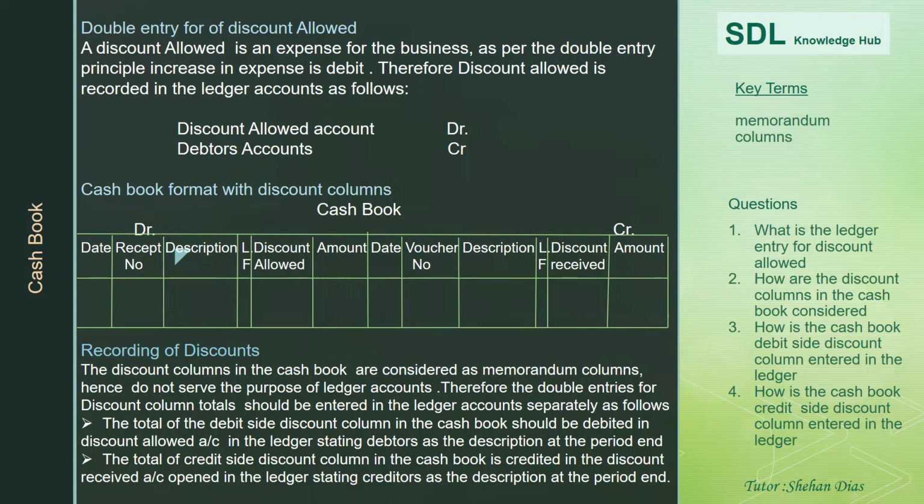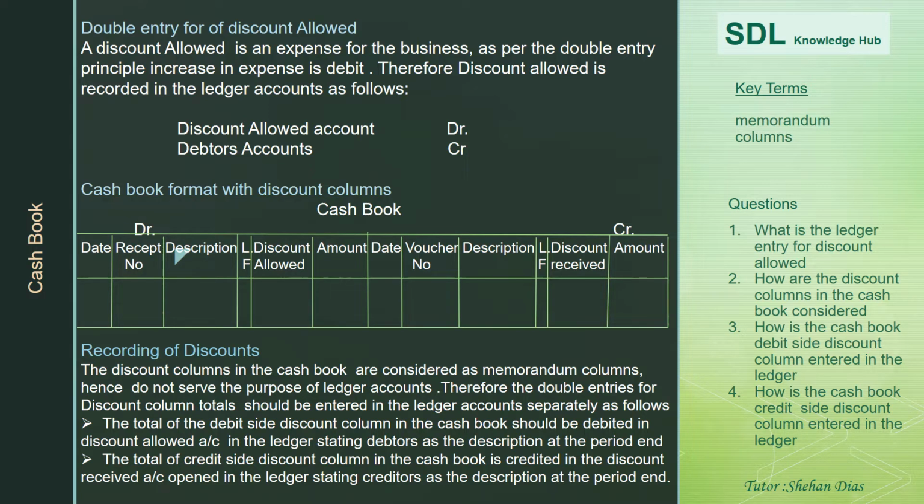You would see on the screen the format for the cash book with discounts. Discounts are considered as memorandum columns, so they are not part of ledger entries. Therefore, we need to do separate double entries for discounts.